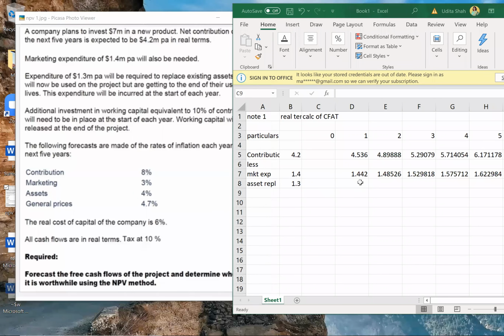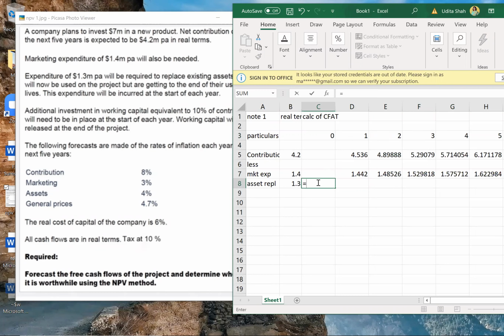So year one's expenditure, I'll write in year 0, year 2 in year 1. So I want it not for year 1 to 5, I want it for year 0 to 4. Asset replacement expenditure was supposed to be 1 to 5, but since it was incurred at the start of each year, we are preponing it and doing it for 0, 1, 2, 3, 4.